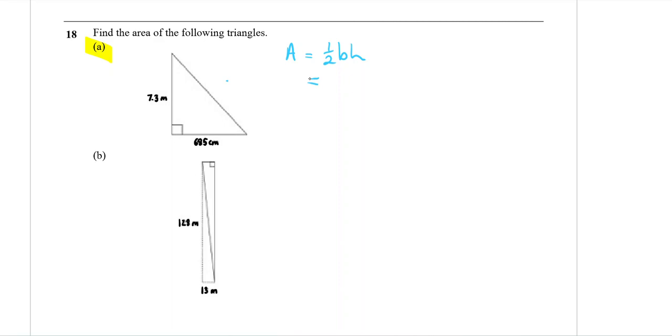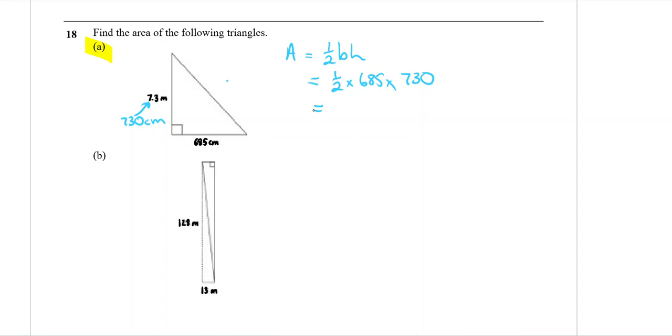So I think that's 685. Oops, wait. Need the half first. Times 685 times the height, which is, oh, wait a second. It says 7.3, but 7.3 what? Meters. If this is in meters and this is in centimeters, I can't do them different. So let's change that to be, yes, that one there is 730 centimeters.